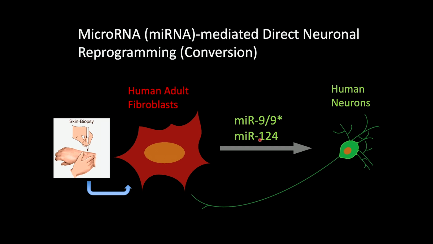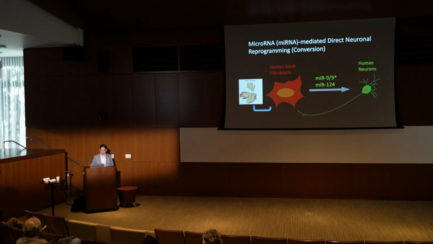It's actually three microRNAs. The MIR9 precursor generates two stable mature microRNAs, called MIR9 and MIR9 star, plus MIR124. From now on, I'll just call them MIR9 and MIR124. When we ectopically introduce these microRNAs in human fibroblasts, there's a direct cell fate transition from fibroblasts to neurons.